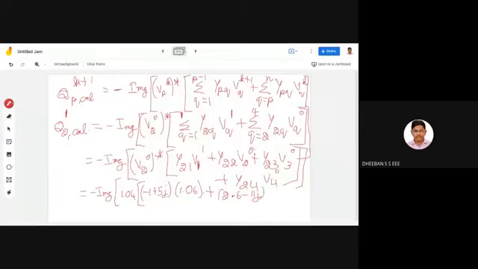Your V2 naught value is 1.04. Plus y23, which is minus 0.5 plus 4j, and the initial value is 1 plus 0j, plus y24, which is minus 1.1 plus 2j, again times 1 plus 0j.